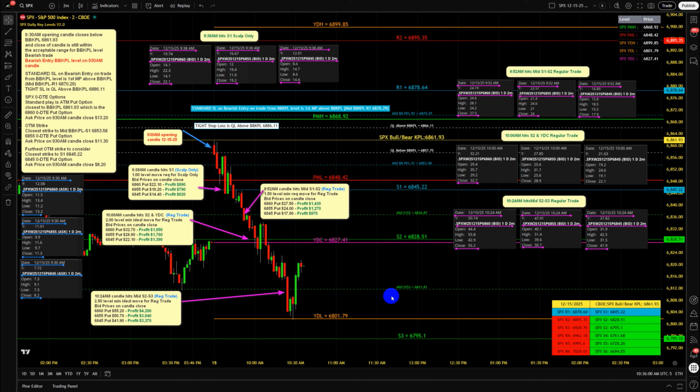As you can see, we also have the other midpoint levels turned on below, the one between S1 and S2, and also the one between S2 and S3, because as price action dictated the bearish opening here, these levels are used to gauge continuing momentum. They're also used as waypoints for decision making on regular trades which meet the 1.5 level move minimum threshold.